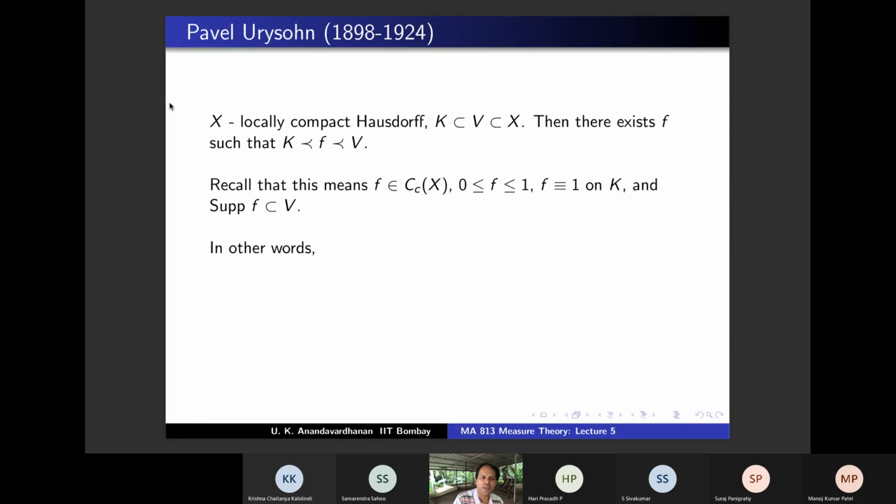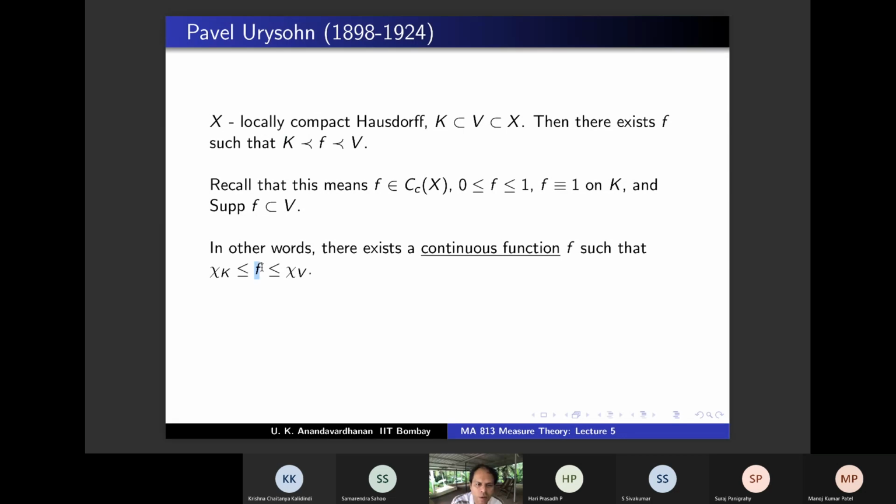In other words, in terms of characteristic functions, how can you reformulate K precedes f precedes V? Can you state it in terms of characteristic functions? f is bigger than or equal to the characteristic function of K, and f is less than or equal to the characteristic function of V. There exists a continuous function such that chi_K is less than or equal to f less than or equal to chi_V. You agree, right?